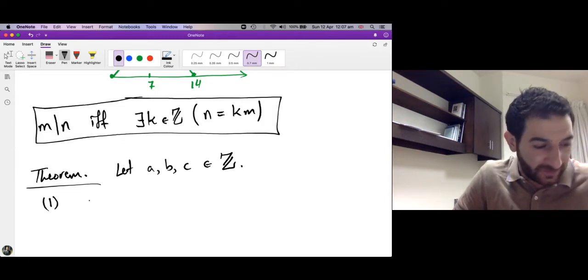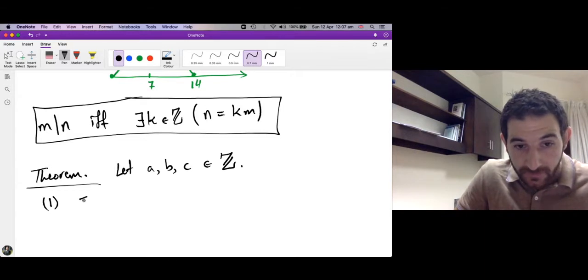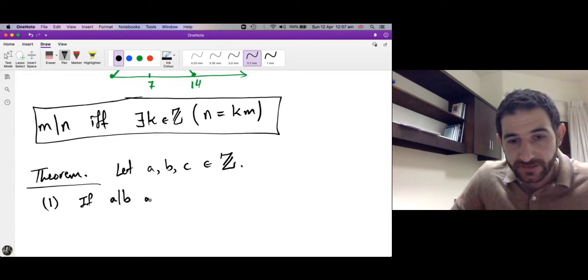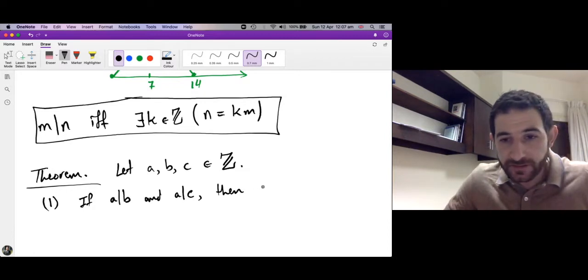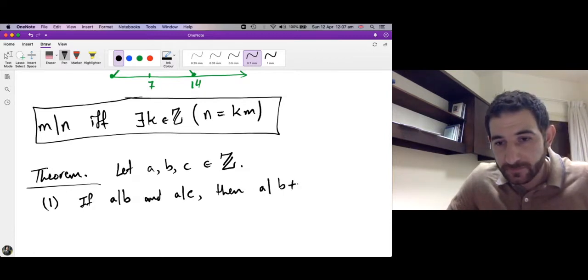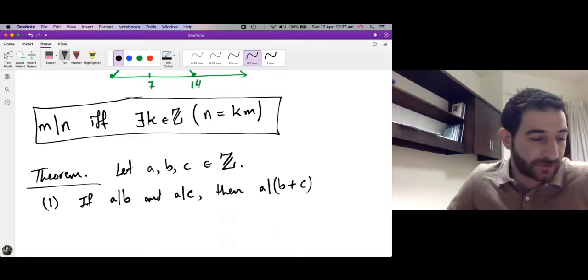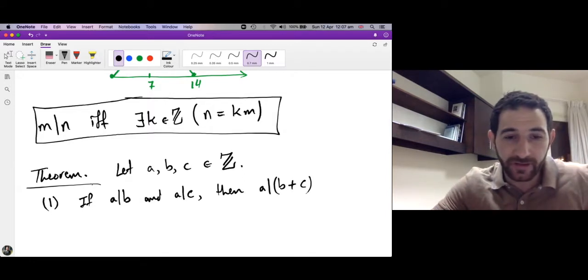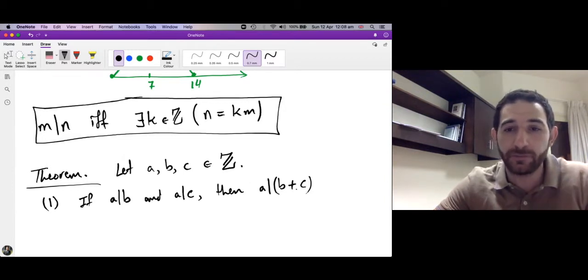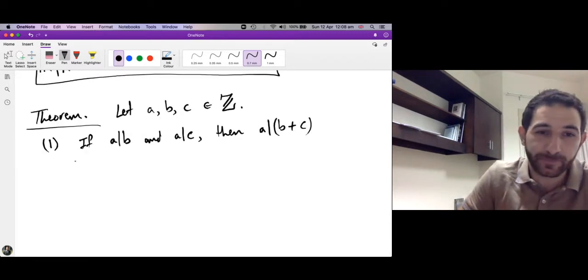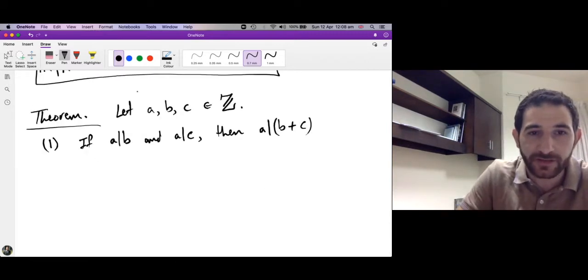So we want to prove first that if a divides b and a divides c, then a divides b plus c. So what does it say? If the integer a divides b and it also divides c, then a must divide the sum b plus c. Maybe I should give an example first.